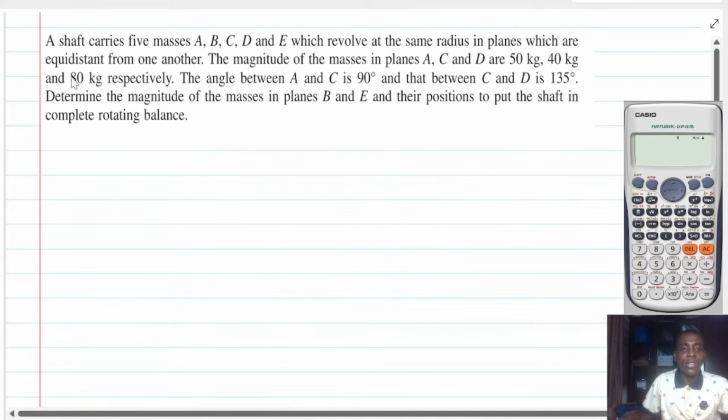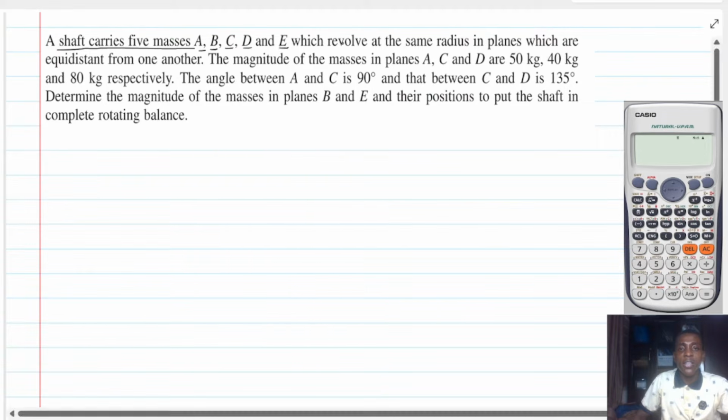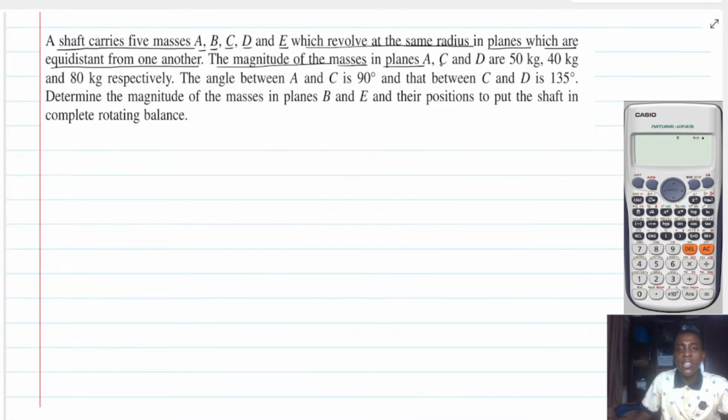Now, a shaft carries 5 masses, A, B, C, D, and E, which revolve at the same radius in planes which are equidistant from one another. The magnitude of the masses in planes A, C, and D are 50, 40, and 80 kilograms respectively.